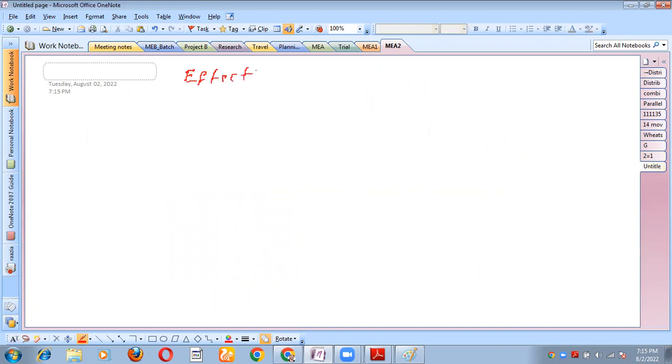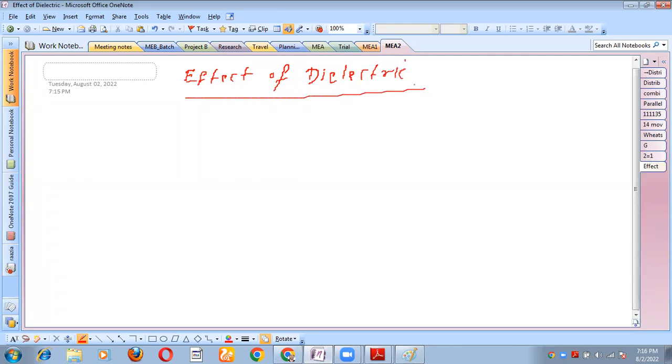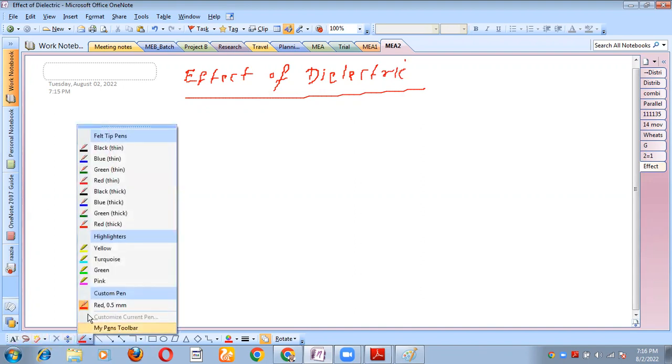Effect of dielectric. What happens if a capacitor is completely filled with a dielectric?